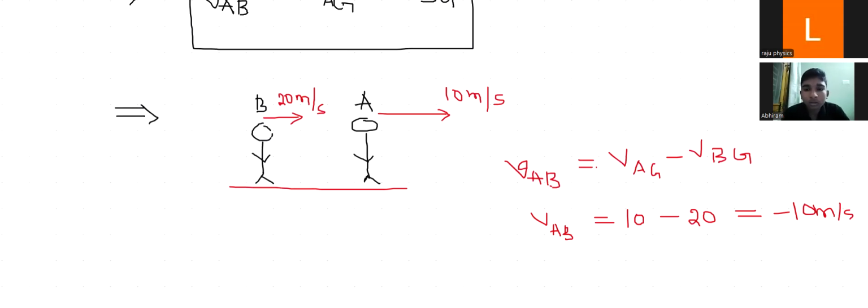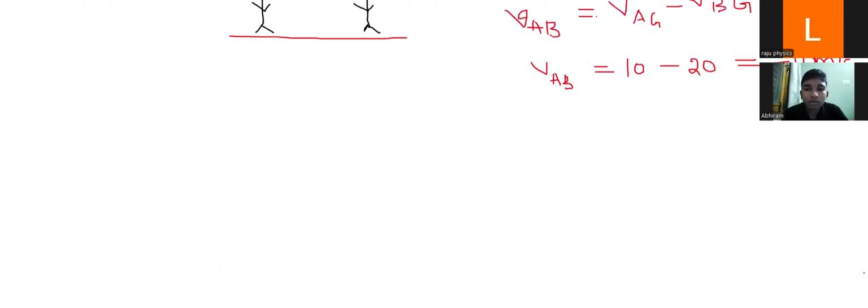Next, what is the relative velocity of B with respect to A? 10 meters per second, excellent, plus 10 meters per second.